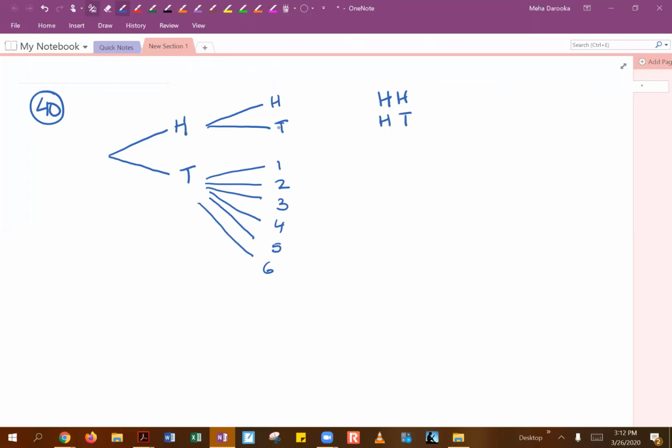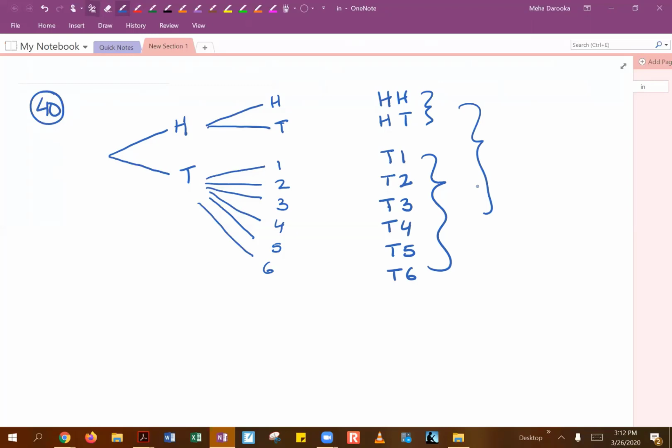But if we got tails first, then that means we would be rolling a die after that, which means our outcomes would then be T1, T2, so that's tails 1, tails 2, T3, T4, T5, and T6. So all of these would be our outcomes.